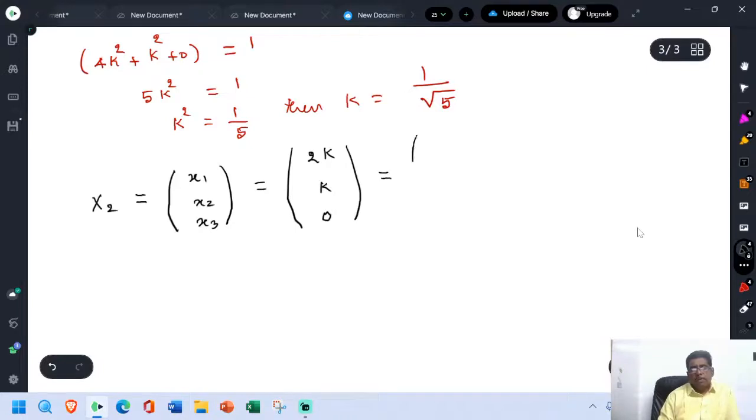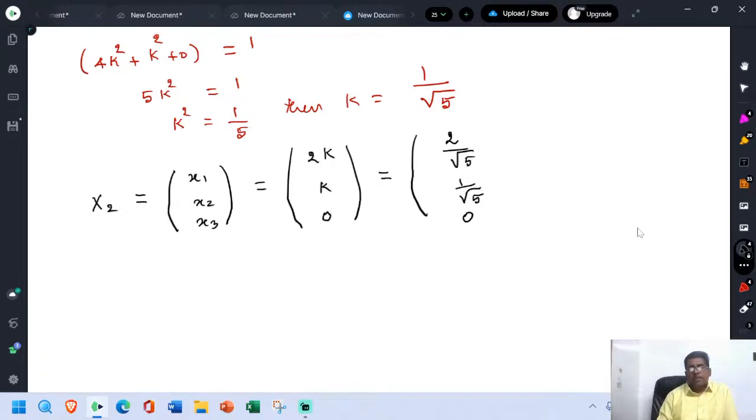Since the value of k is 1 divided by root 5, x1 is 2 divided by root 5, x2 is 1 by root 5, and x3 is 0.